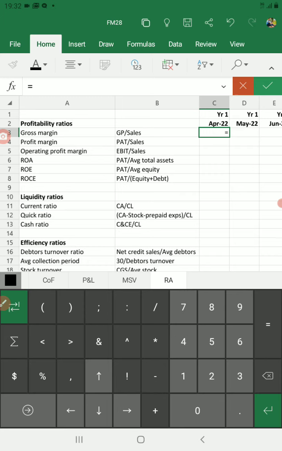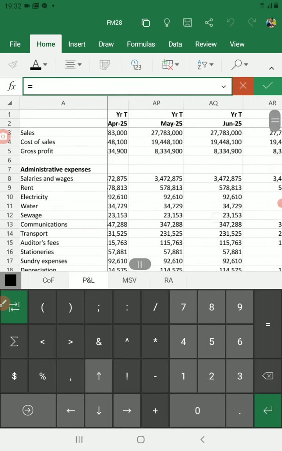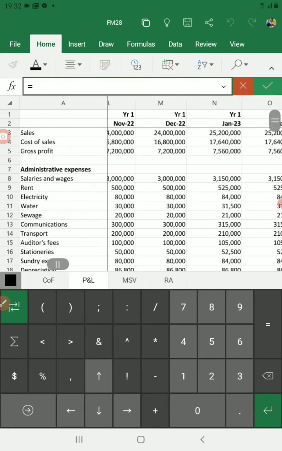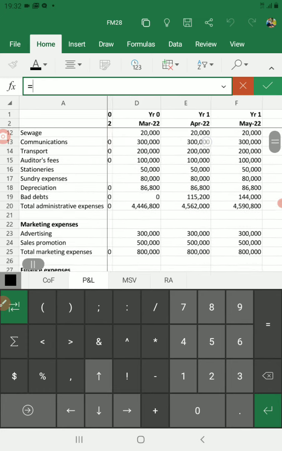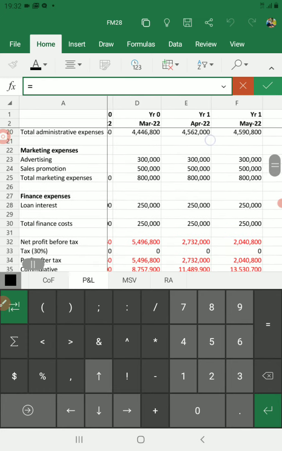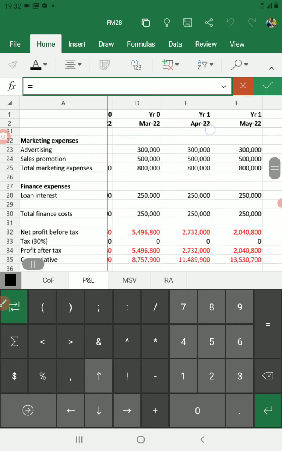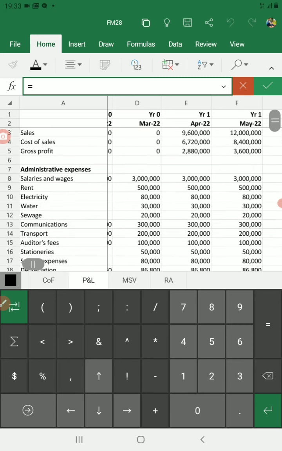Now we are in the month, so I go to income statement sheet on monthly basis here, and go to April, which is here, and then I'm taking my gross profit figure, which is here, gross profit divided by sales, which is this figure here. Press enter.